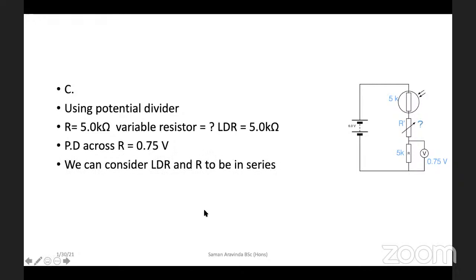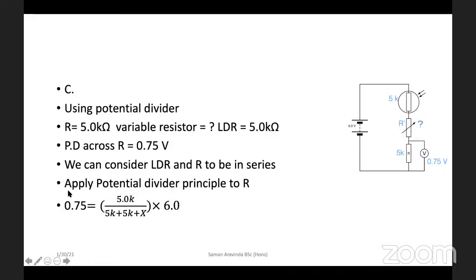We can consider the LDR and R to be in series, so we apply the potential divider principle to R. The resistance across it is 5K, and the total resistance is 5K plus 5K plus X, that is R dash, times 6. When you do this, your answer will be 30 kilo ohms.